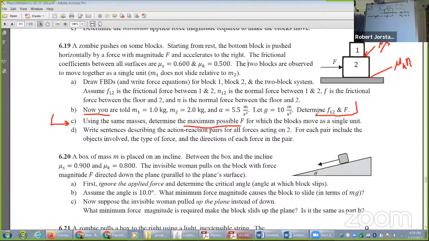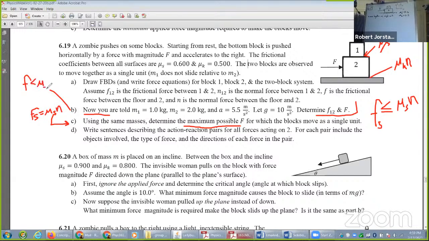So that's where we have to be careful. In general, static friction applies, but the equation for static friction is friction is less than or equal to mu static times the normal force. In this particular problem, part C uses the equal sign. Part B uses the less than symbol, and we could see that when we do the problem.